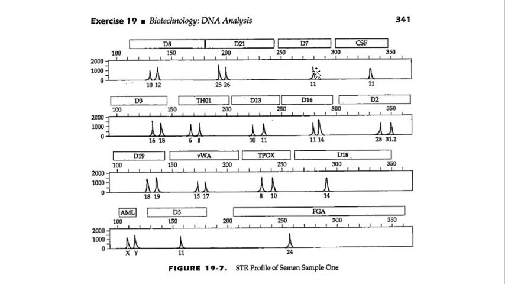That means this person is homozygous for 11 tandem repeats at the D7 locus, meaning that both of the D7 loci they inherited from both parents have 11 tandem repeats.